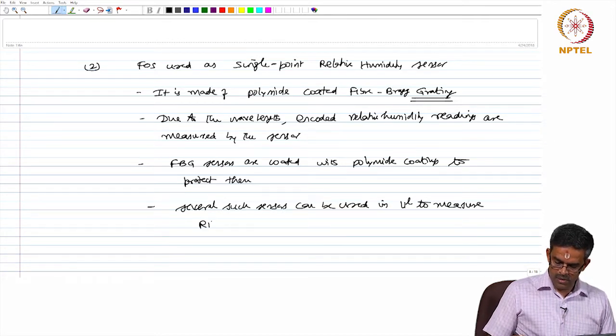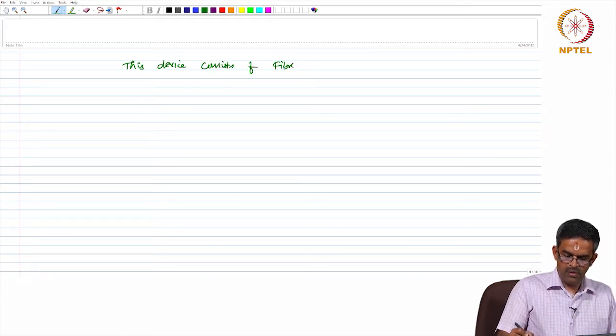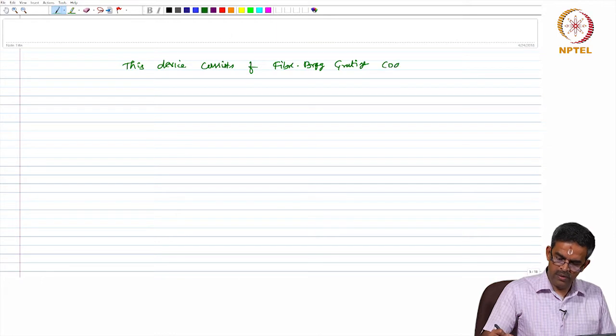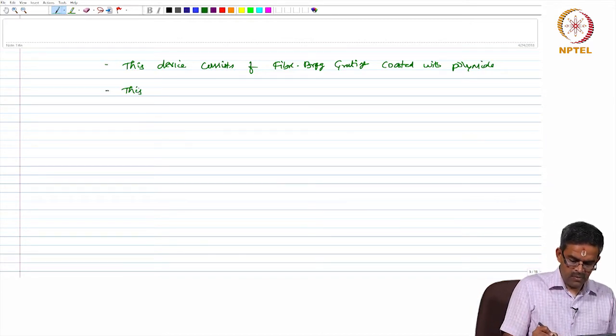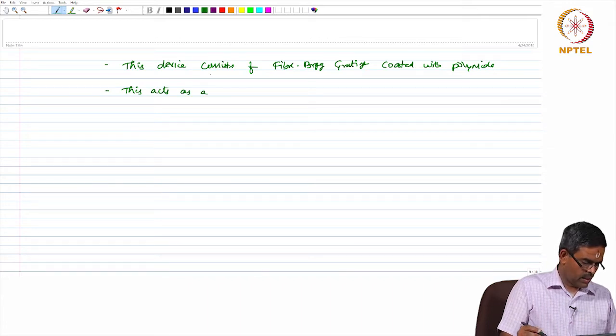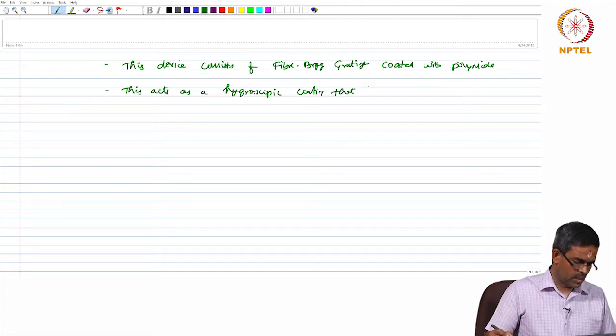To measure relative humidity, this device consists of fiber Bragg grating coated with polyimide. This coating acts as a hygroscopic coating that swells in the presence of water.